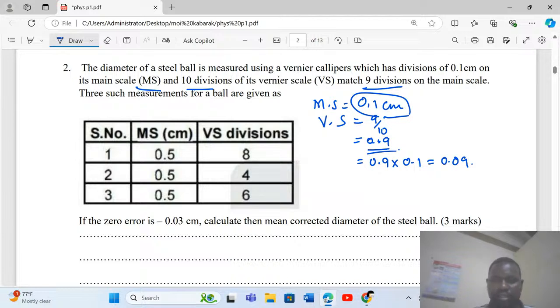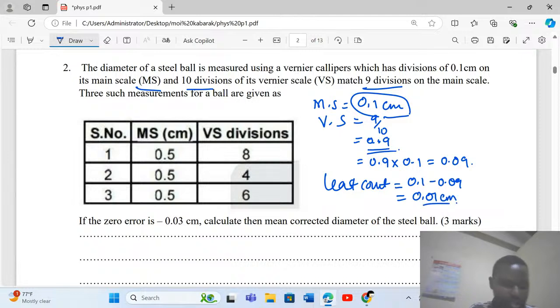Then you pick 0.1 to get the least count. It will be 0.1 minus 0.09, and we arrive at 0.01 centimeter as our least count.